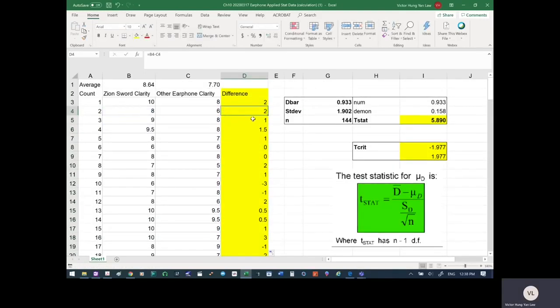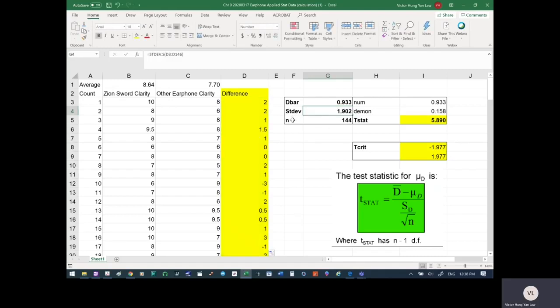Once we have calculated the difference for each person, we can calculate d bar, which is just the average of the difference. We use =AVERAGE and highlight the data set to get d bar. We do the same for the sample standard deviation, using =STDEV.S to get the sample standard deviation of the difference.